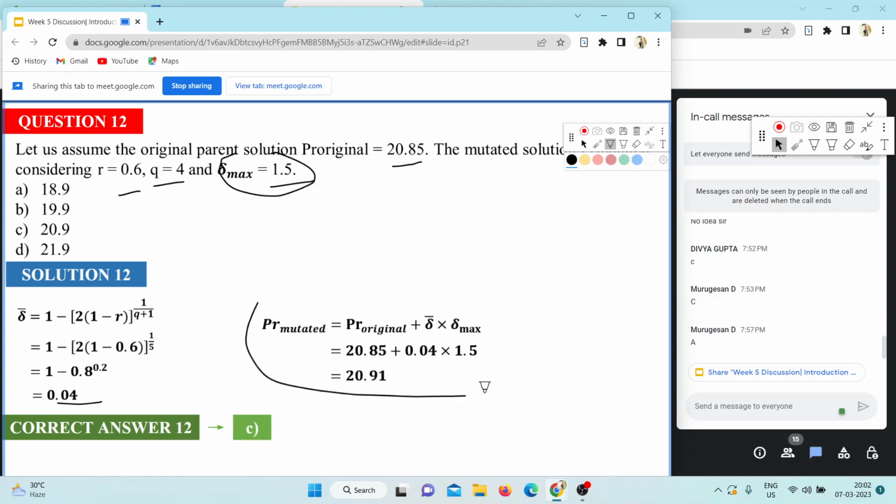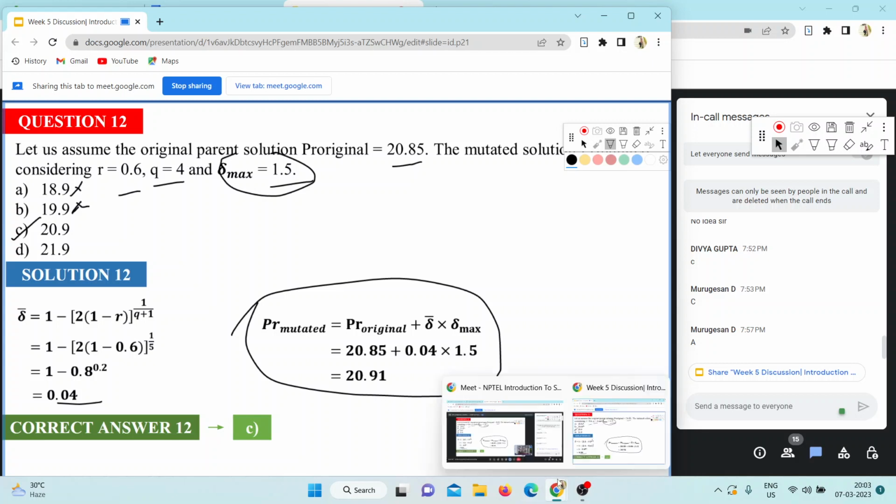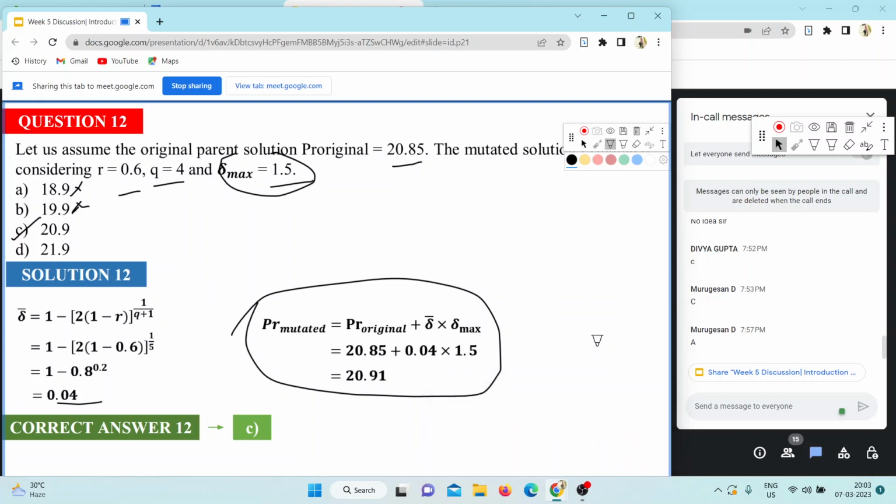So the mutated value is 20.91. Now you can check the options. 18.9 is not correct, 19.9 is not correct. 20.91 is coming, so this is your correct answer. So answer is C. Any doubt in this question? No. Okay, so let's move to the next question.